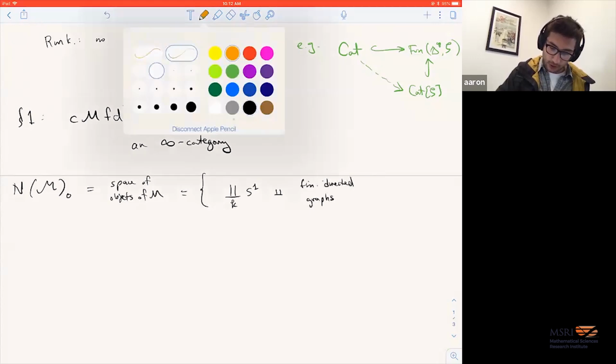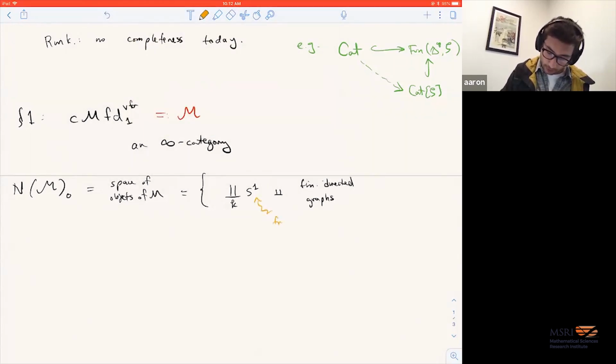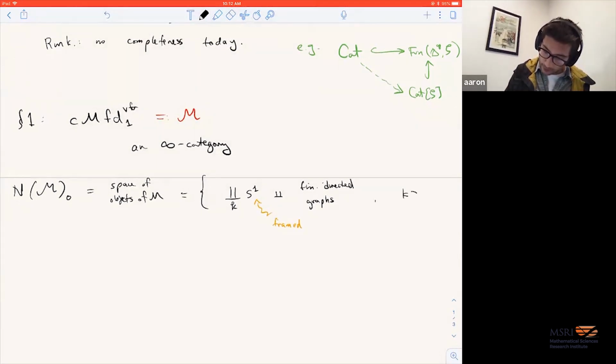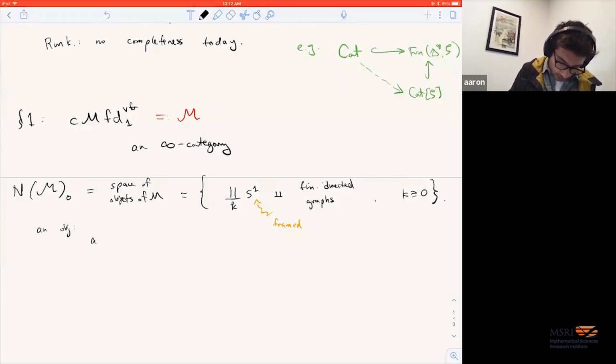And I should say that this circle is required to have a framing. And here K is an integer greater than or equal to 0. So an object is called a compact variframed 1 manifold.